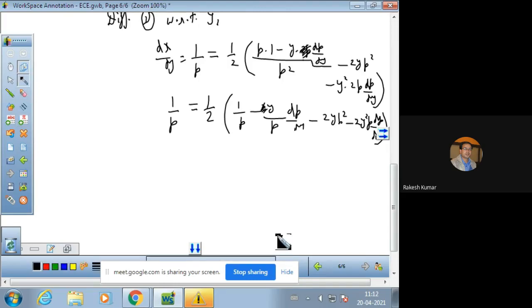So write down the new step here, and it will come out to be 1 upon p. Ultimately, it will be 2 upon p, and that will be equal to p upon p square, which is 1 over p.